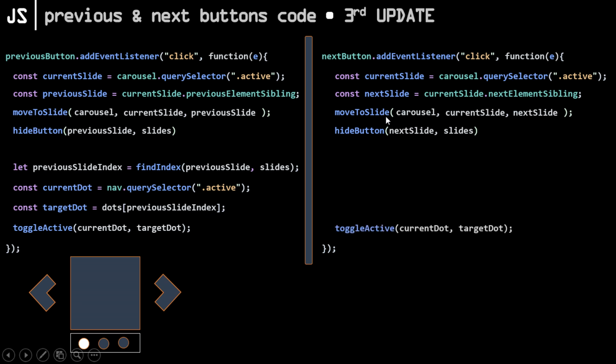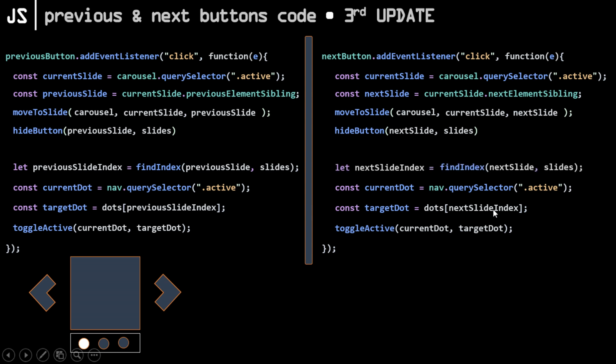The same goes for the next button. I'm going to toggle the active class. I need to select the current dot. I need to select the target dot using the next slide index, which I will know using the find index function.